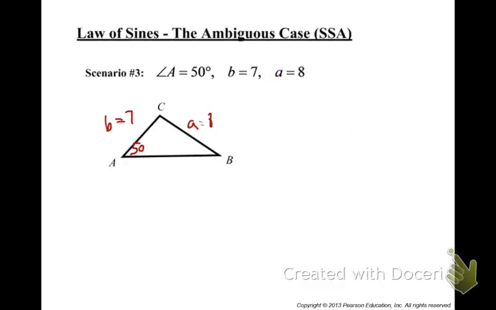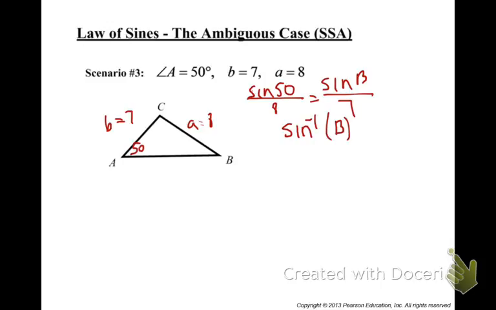All right, so let's go ahead and set this one up using our a's. So we would have sine of 50 over the 8 equal, we'll find sine of b again, sine of b over our 7. Okay, so let's find that. So I'll let you do that.